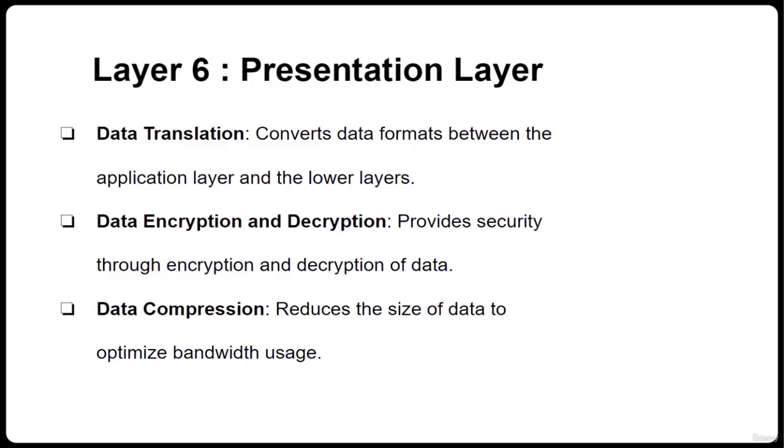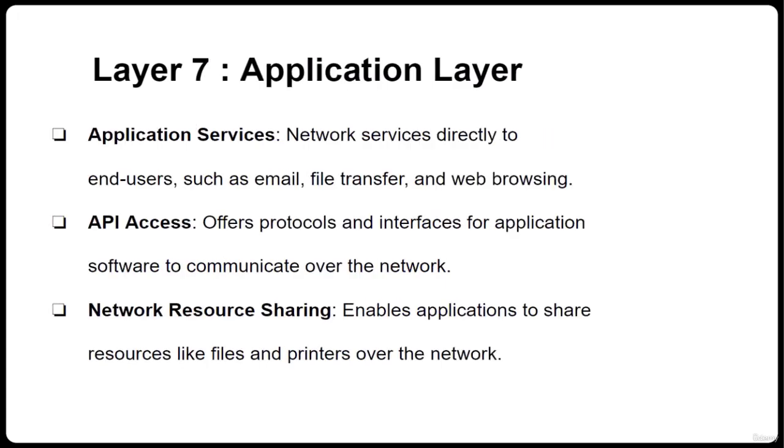And the last layer in the OSI model is Layer 7, the application layer. The application layer can perform many different types of services on our network. We can use applications for email, file transfers, web browsing, and any other job function that we have created an application that is relevant to our organization or business.